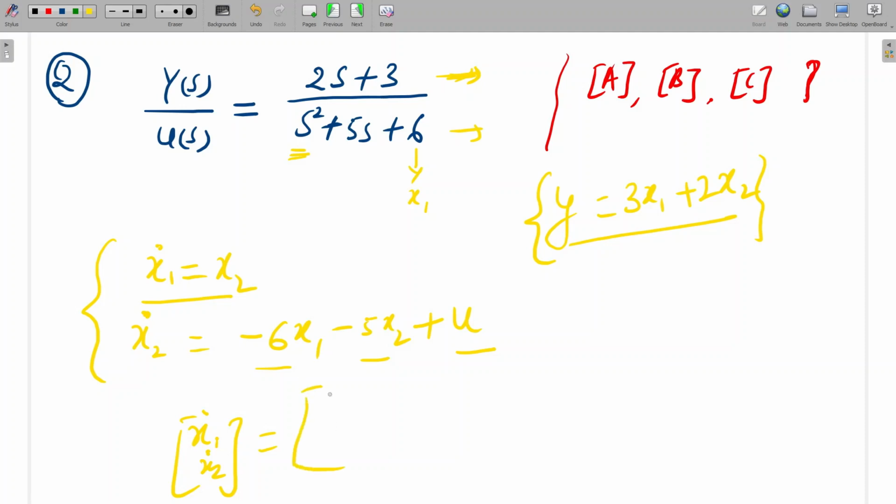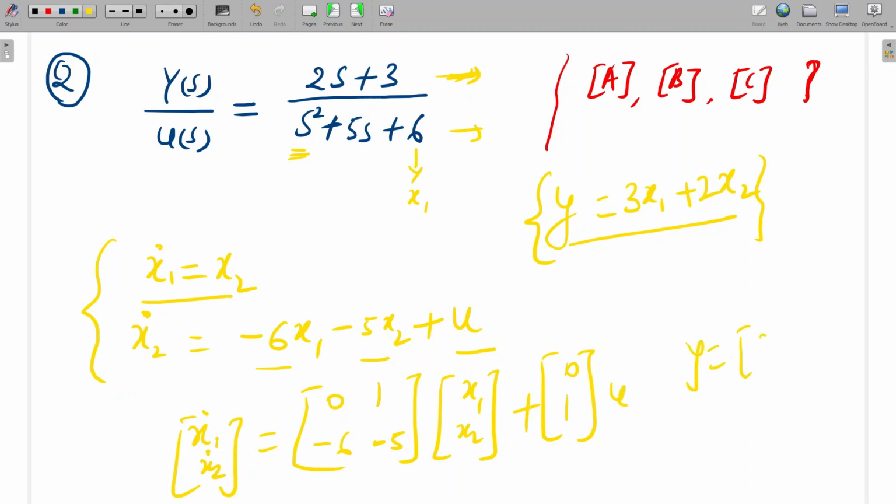So A will be equal to 0 1, minus 6 minus 5, times x1 x2, plus 0 1 times u, and y will be equal to C times x1 x2, that is 3 2 times x1 x2.